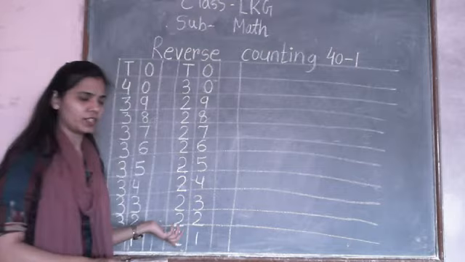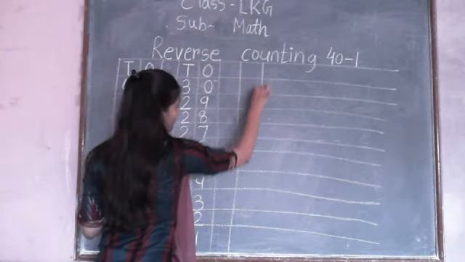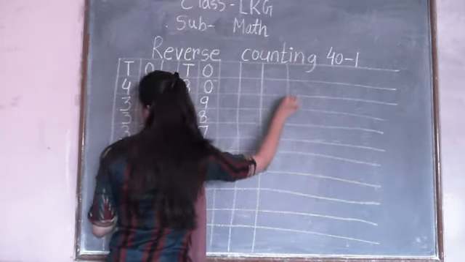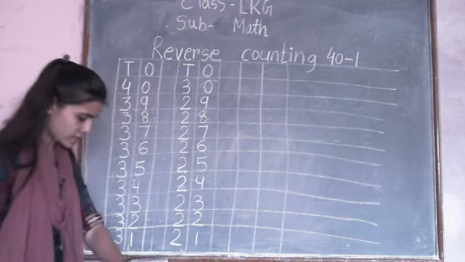Once again, after 21, you drop one line. Drop one line and write down the place value again. Tens and ones.